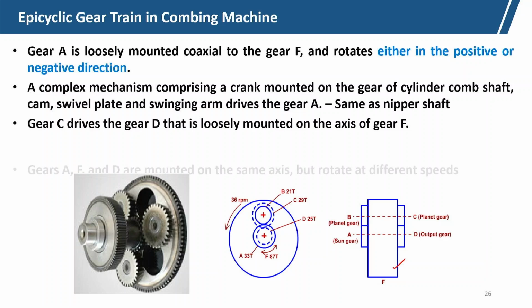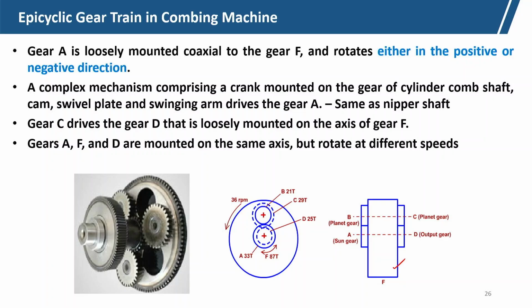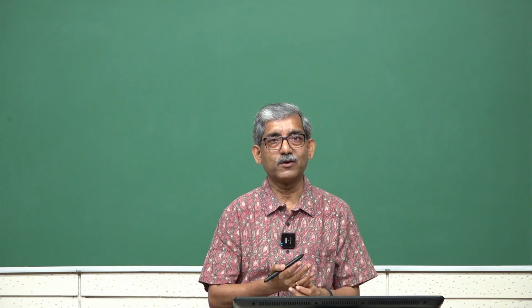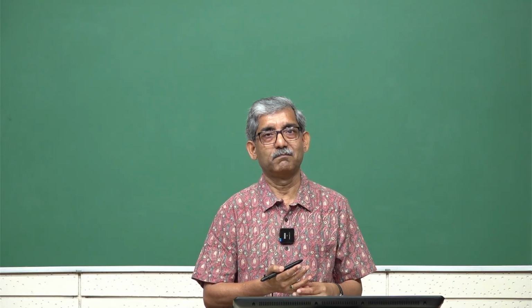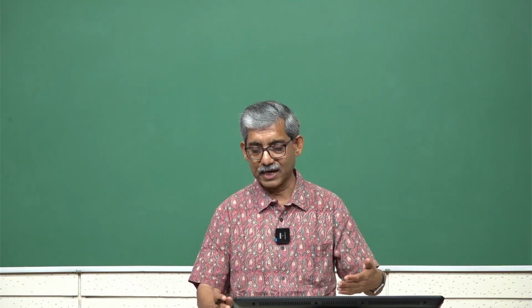Okay. So, gears A, F and D are mounted on the same axis, and as they are loosely mounted, they can rotate at different speeds. So, that is important. They will have different rotational speeds, but in the same direction.